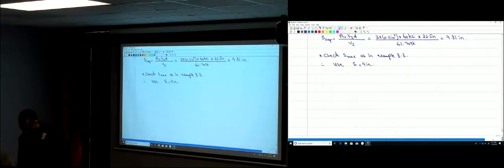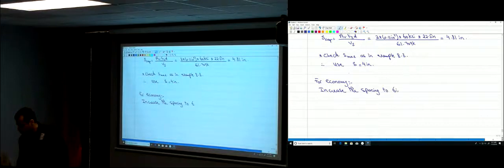So here for economy, you're going to decrease the amount of steel, increase the spacing to 6 inches, then to 9 inches.